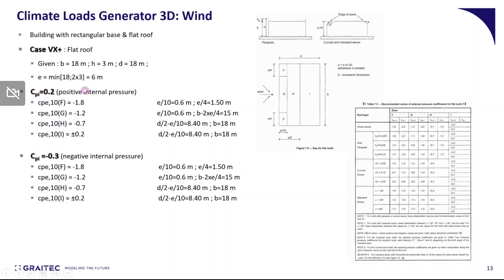Assuming a positive CPI, the CPE for zone I needs to be 0.2 first and minus 0.2, which leads to 2 combinations here. And again, in order to consider both values of CPI, it is going to create 2 different combinations for a negative CPI.